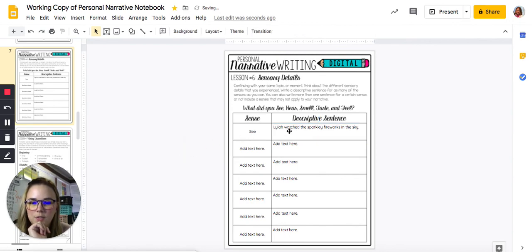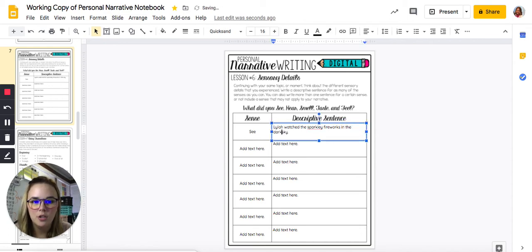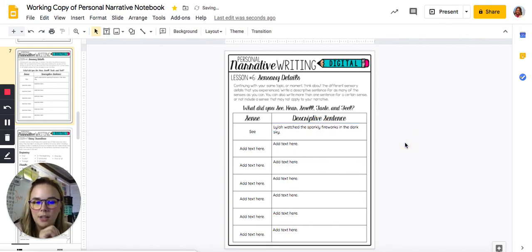So I used some sensory details, that sparkly fireworks. I may even add more to that. I may say in the dark sky. Lila watched the sparkly fireworks in the dark sky. So that's telling me more about what she sees, or what we saw.